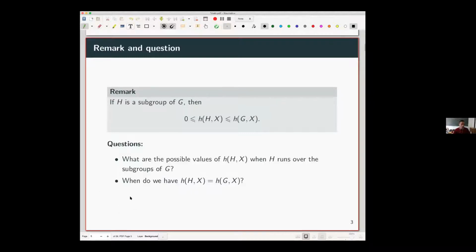An obvious sufficient condition is to ask that the index of H in G is finite. In this case, you have equality. But can we have more?